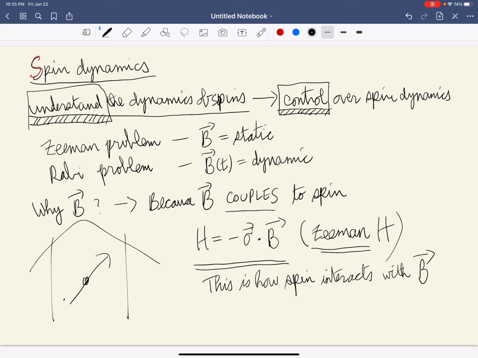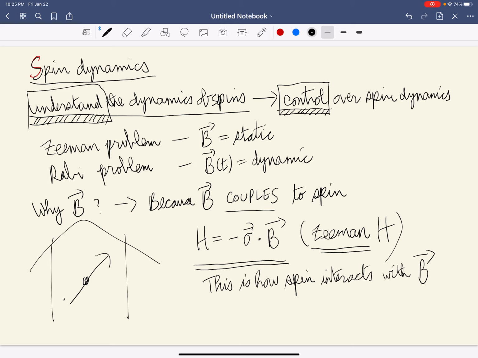And people arrived at this realization through various means, both experimental and theoretical, around the 1920s, immediately after the discovery of quantum mechanics.